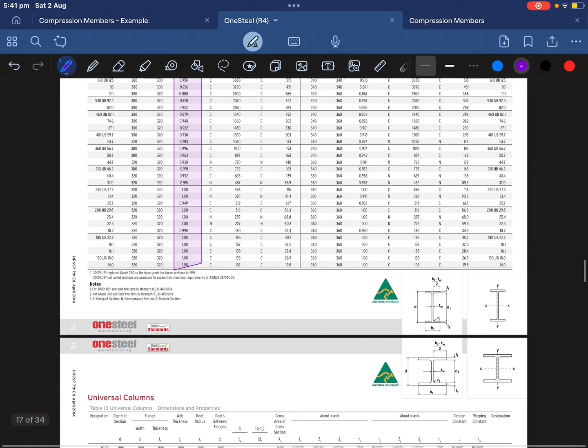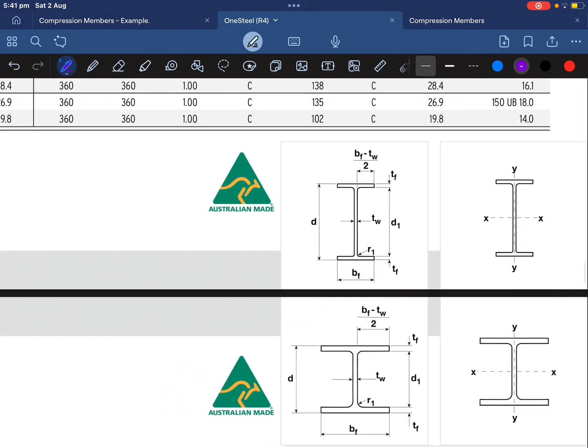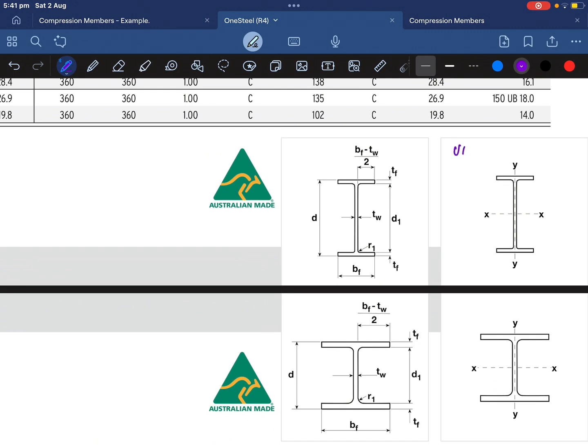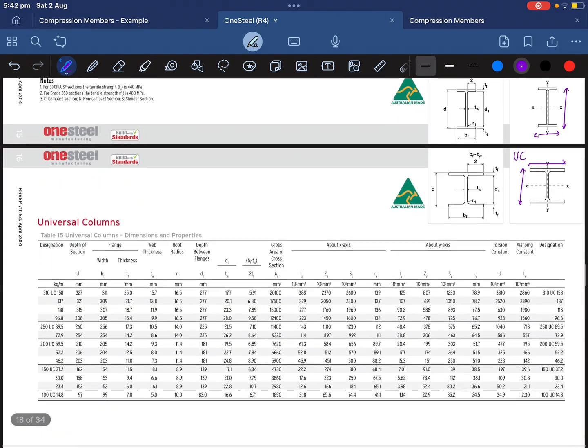Now the reason for this is this picture, actually. If I zoom into these two pages here, these are the pages for UB and UC. What you'll notice here is that UBs are typically long and narrow, so the web is very long and the flanges are narrower. And UC, universal column sections, you can see here that these are pretty much almost equal, right?